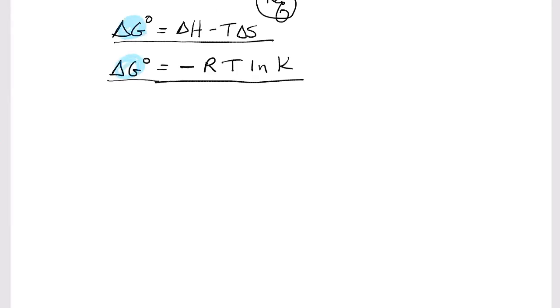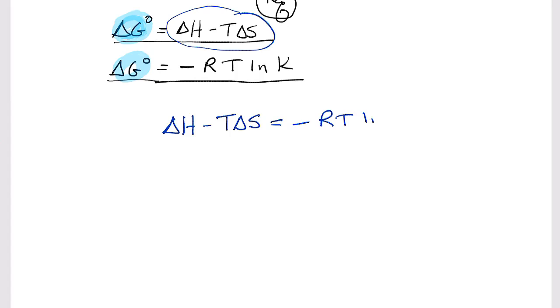So there they are, and what we're going to do is set them equal. So we go delta H minus T delta S is equal to negative RT natural log of K. The whole point of this is I want to see how the equilibrium constant relates to changes in temperature if we have different enthalpies.